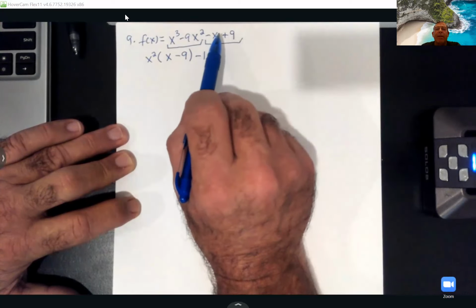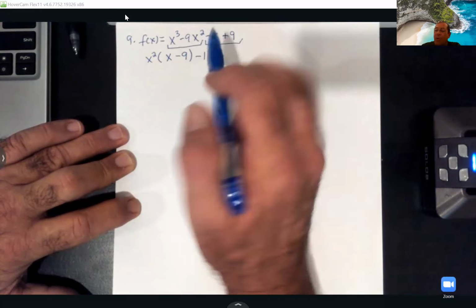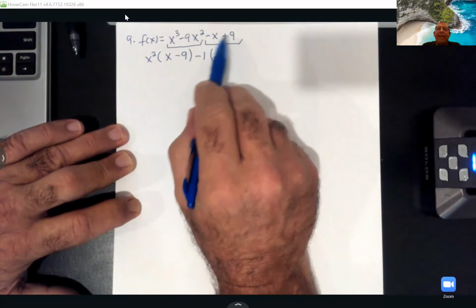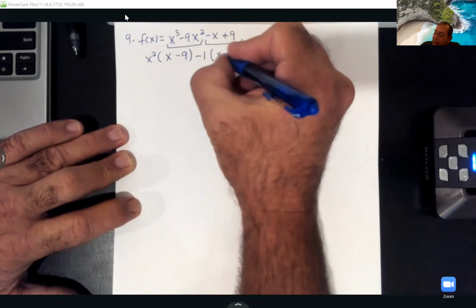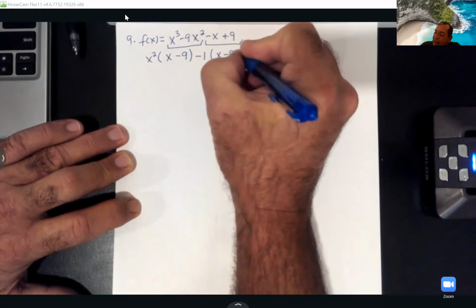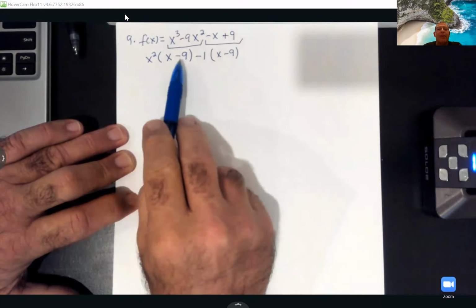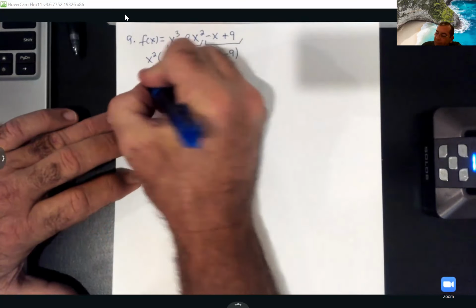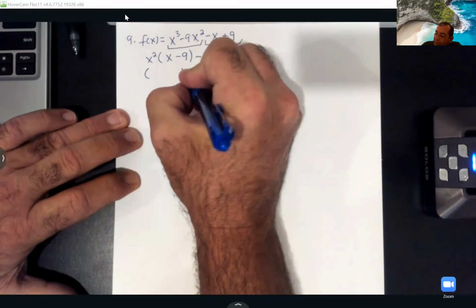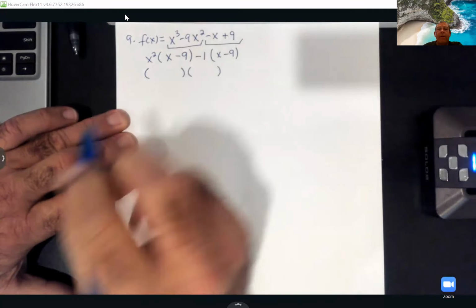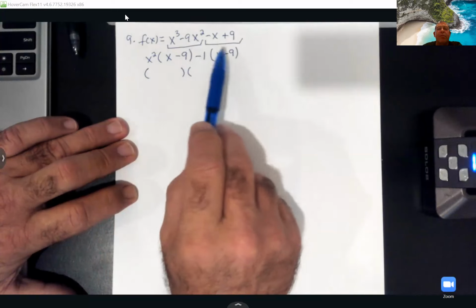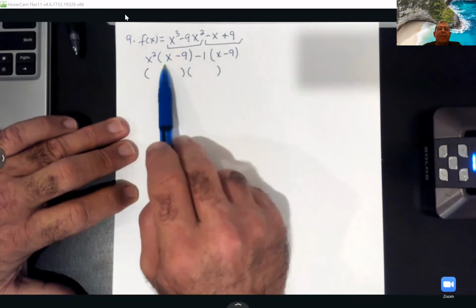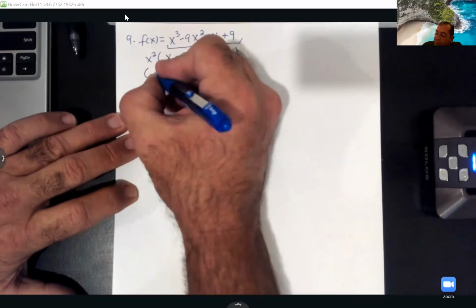And watch this. Negative x divided by negative 1 makes that x positive. 9 divided by that negative 1 makes that a negative 9. So y'all look at that. The parentheses match up. So y'all, since these parentheses match up, we sort of factor that out as the GCF of these 2 terms.